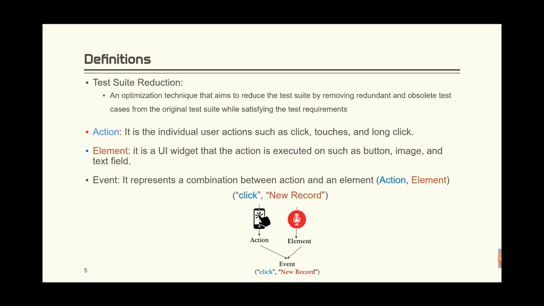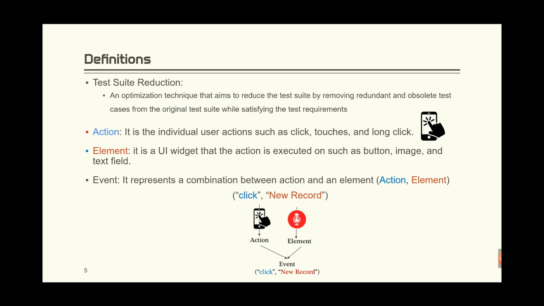So we use element-based criteria. The event, as you see here, represents the combination of action and element. In our previous study, we used events to reduce test suites utilizing event-based criterion.